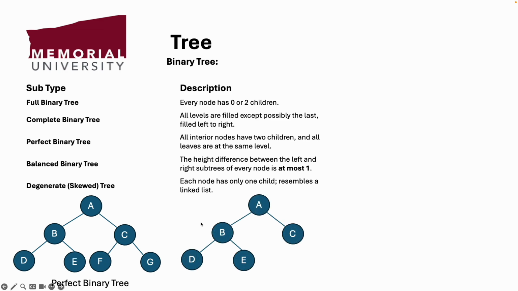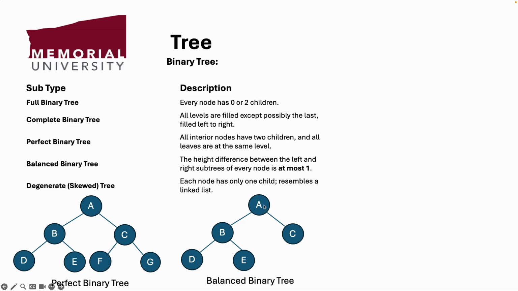So this is an example of what? A balanced binary tree. For the balanced binary tree, the height difference between the left and right subtrees of every node is at most 1.